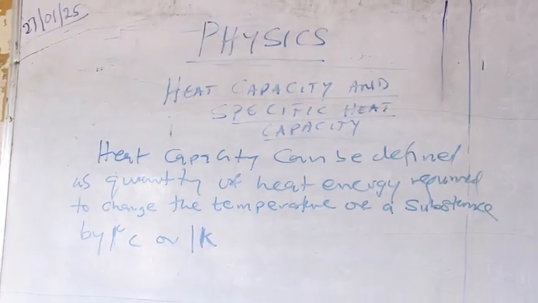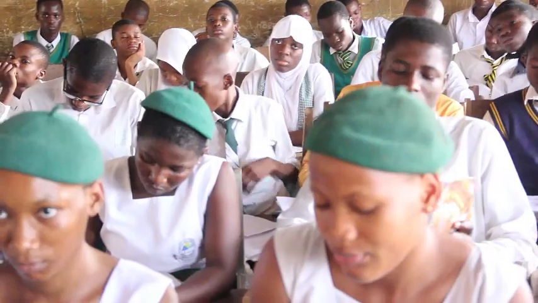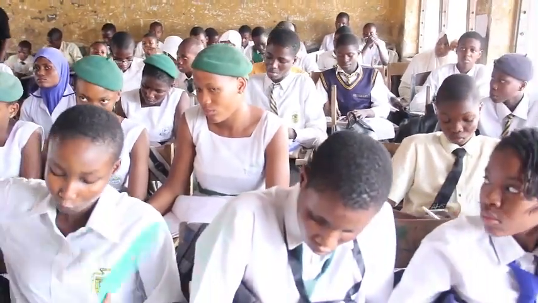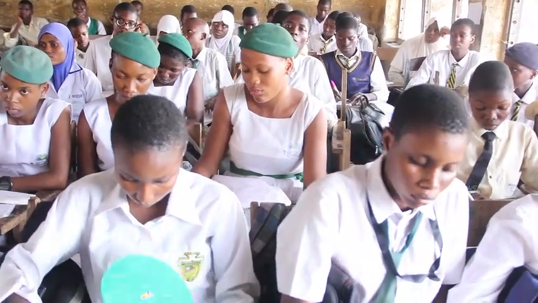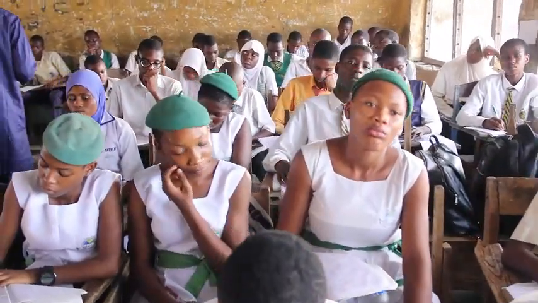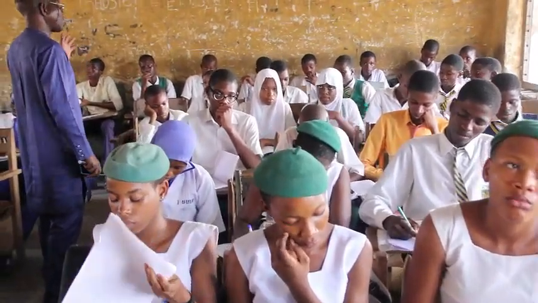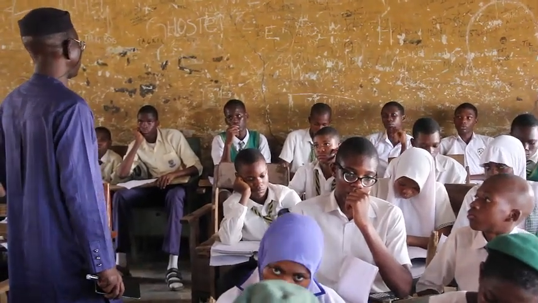What does that mean to you? How do you explain this? For every substance that its temperature needs to be raised, we need to heat the substance. And last week I told you that heating is to add energy.